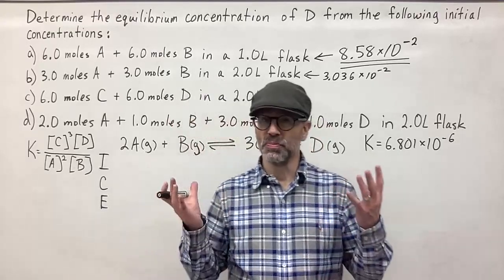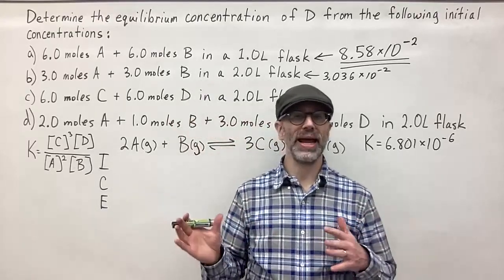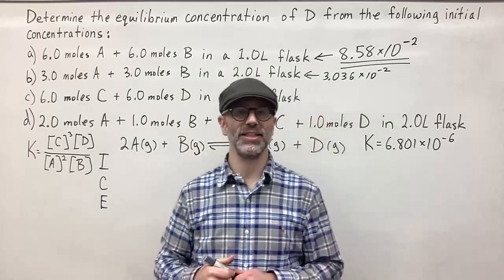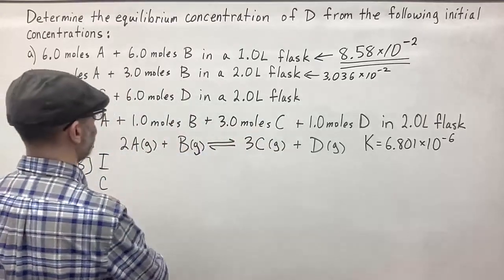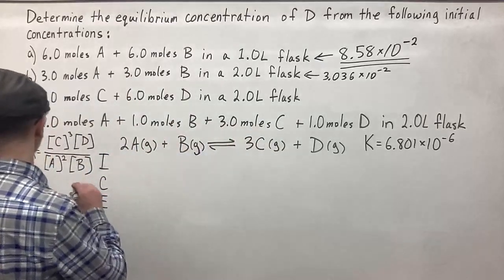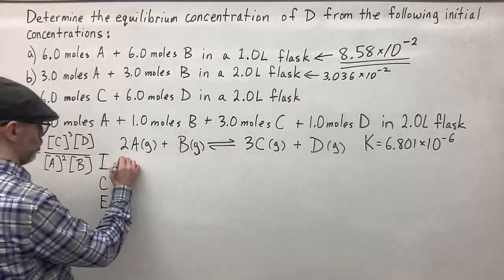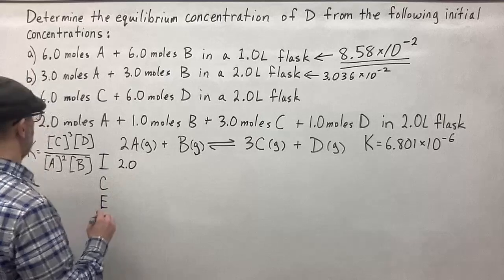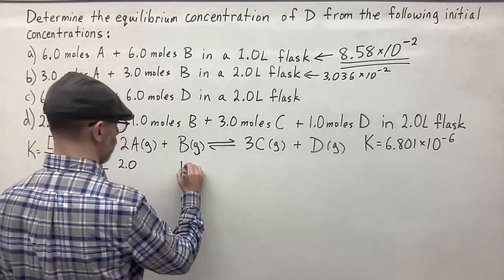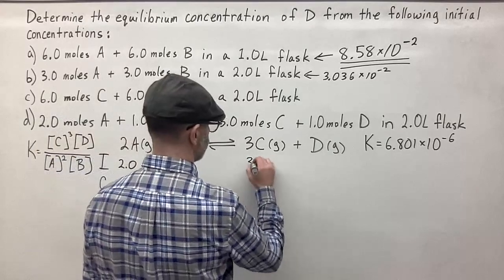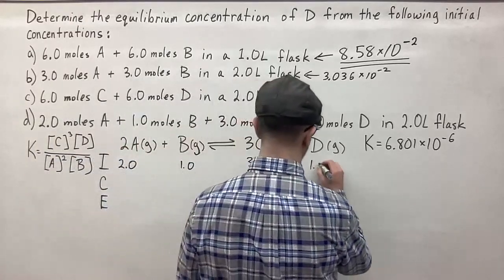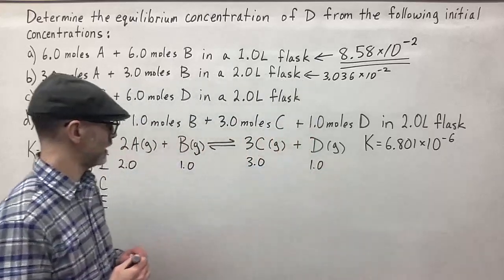So we don't know, just by looking at this, which way it's going to shift, right? So we have 2 moles of A, 1.0 moles of B, 3.0 moles of C, and 1.0 moles of D.